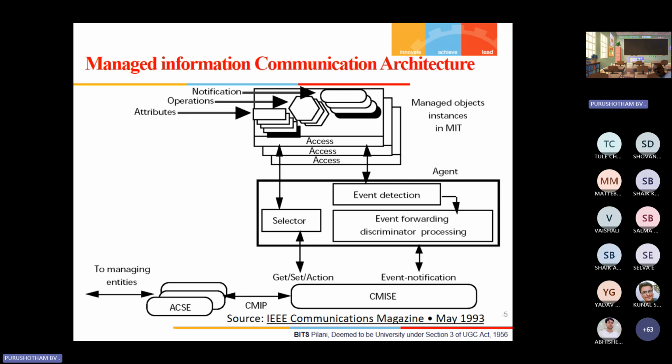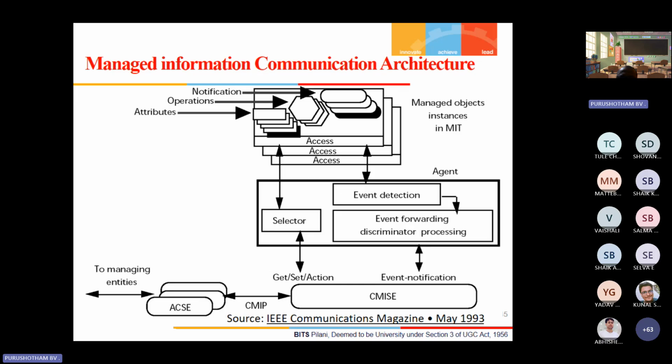So this managed information communication architecture, which is basically, as I told you, managed object instances in the form of MIT. So what SMI or the definitions are looking for.